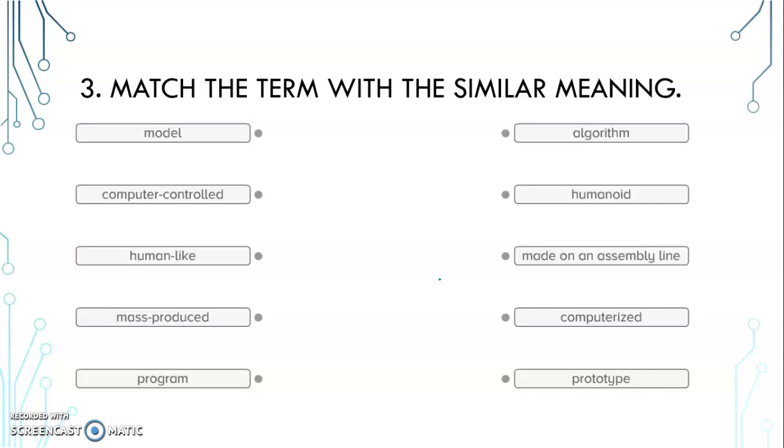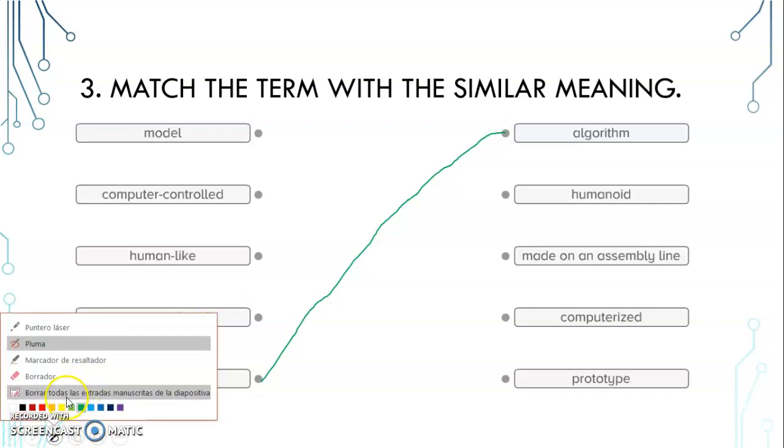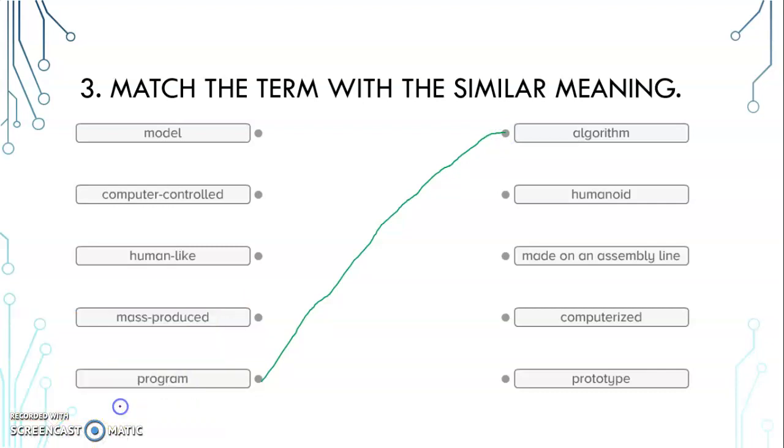For me, because maybe it can be confused, maybe it can be program. Remember that a group of algorithms or a group of instructions build a program. So here you are going to underline and match program with algorithm. I'm going to help you with one more, and I'm going to use purple now because it's another good color for me.